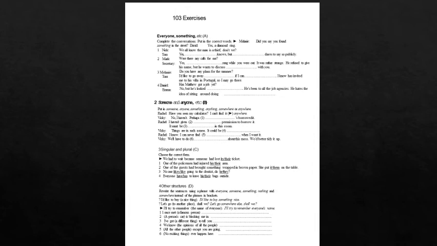Someone's car is blocking me in. Number 3: I've got a different thing to tell you. Now "I've" is the short form for "I have." So you are going to use "I've." I've got something different to tell you.